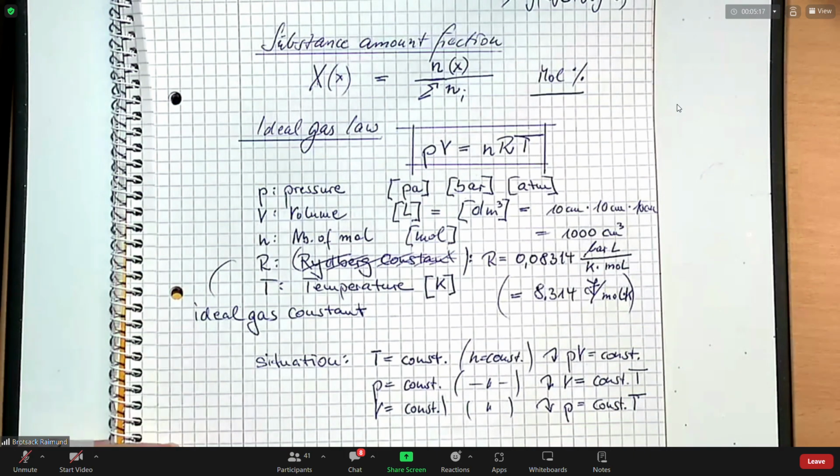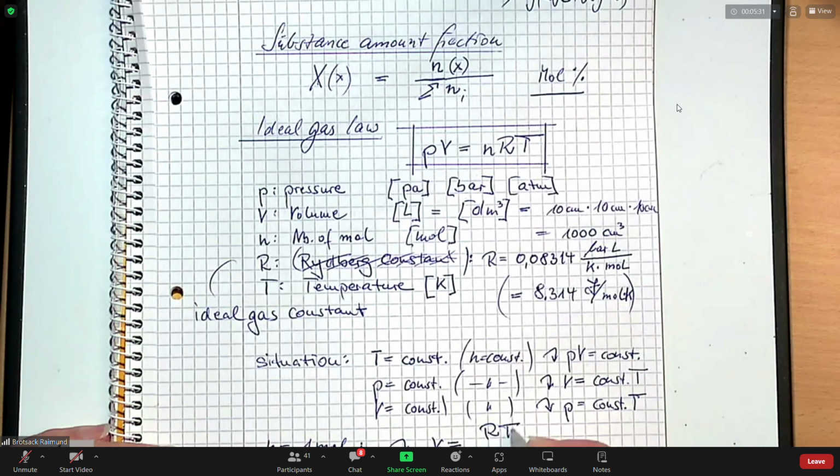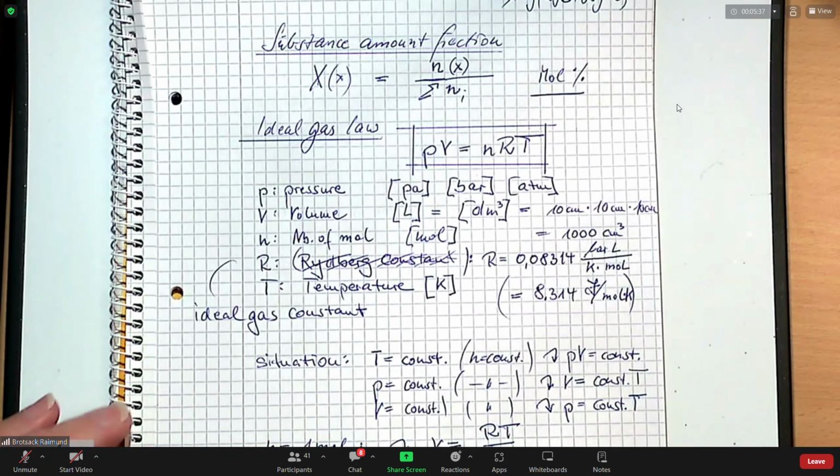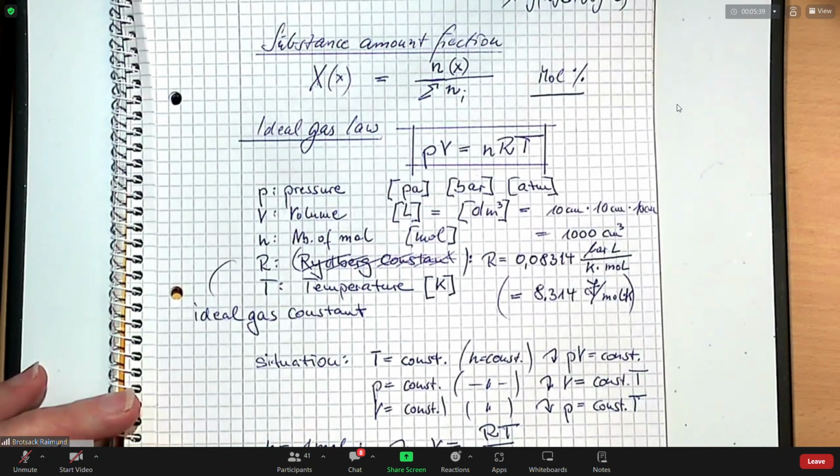When N is 1 mole, then we can see the volume is RT over P. And let's talk about standard conditions.